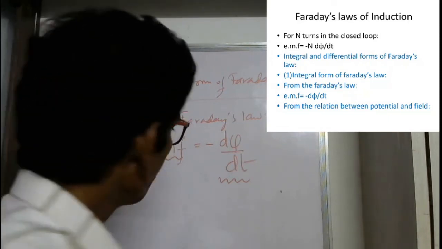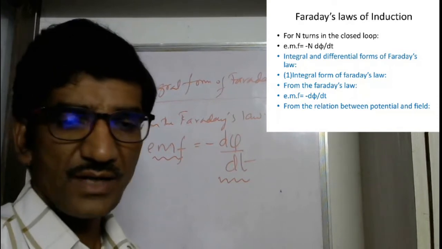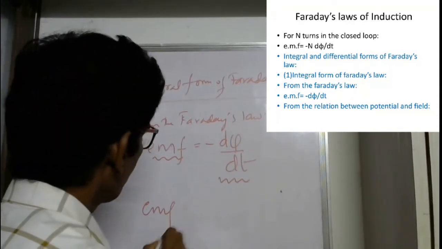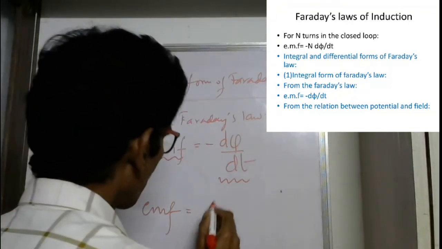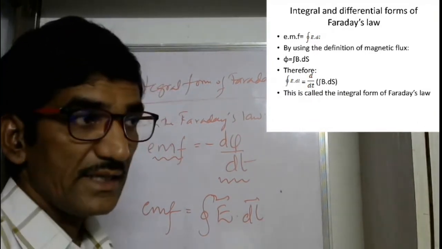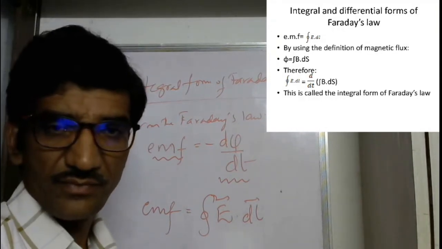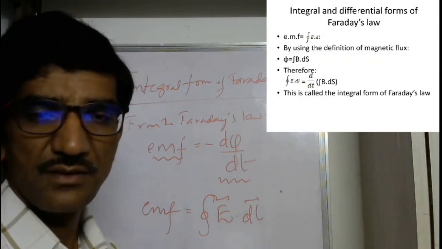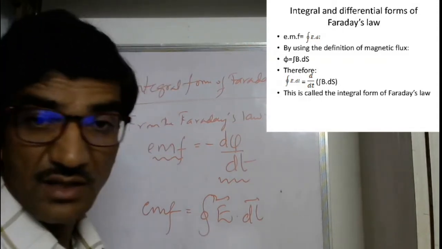Here, you may write EMF is equal to, what is EMF? It is a potential. You can write this as integral E dot dl. This is the induced EMF within the coil.